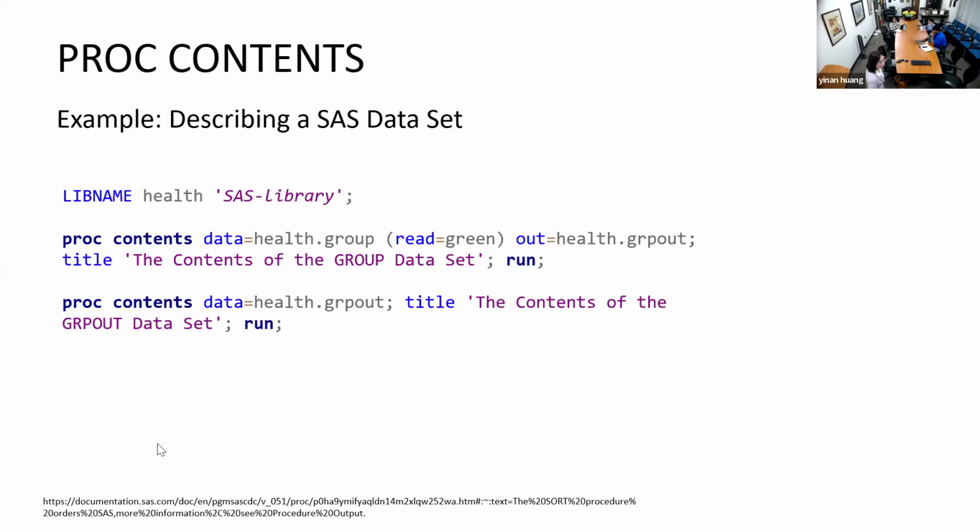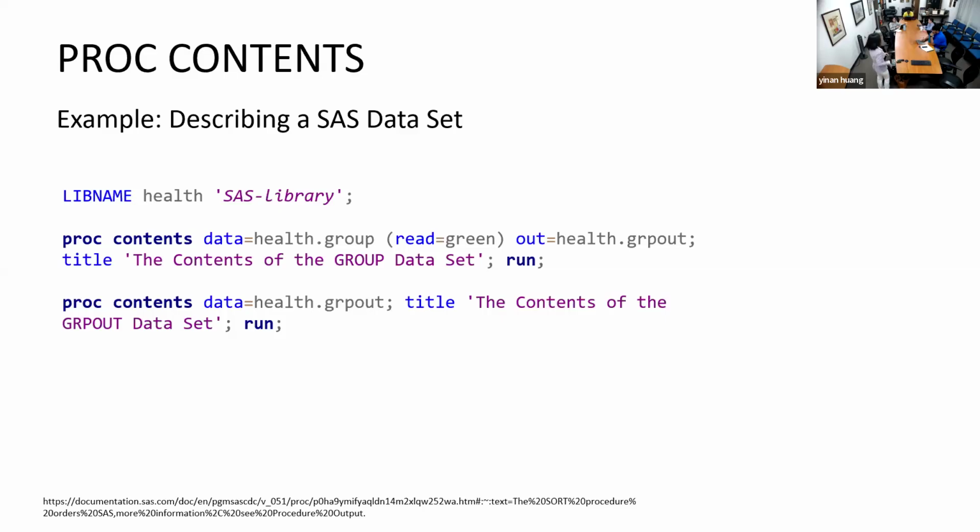Before I move forward, I want to mention that we will get a chance to practice them in the second half of today's class. For each of those procedure slides, I also have a link here. If you copy and paste it, you can see that what I showed you, proc contents and proc print, is just the basic syntax.